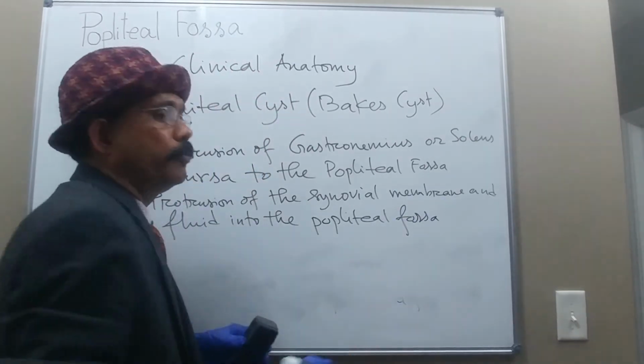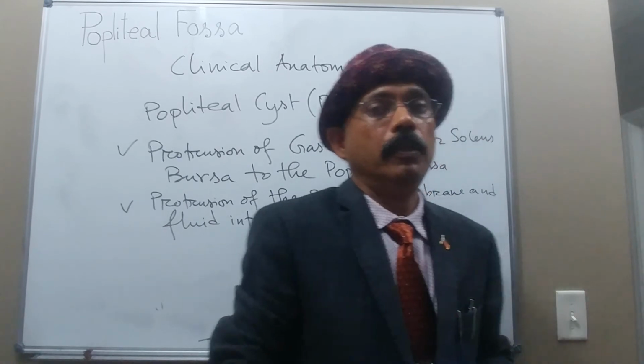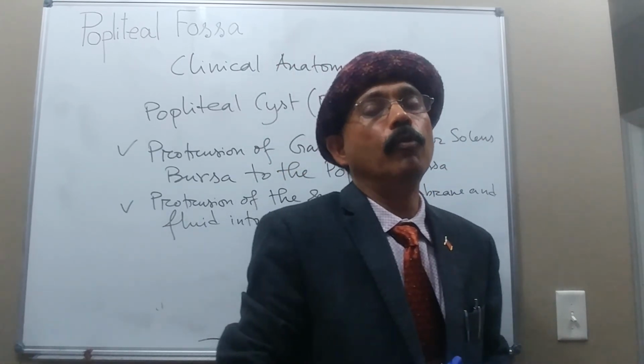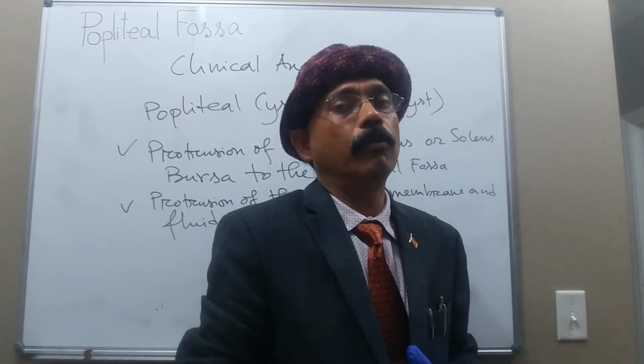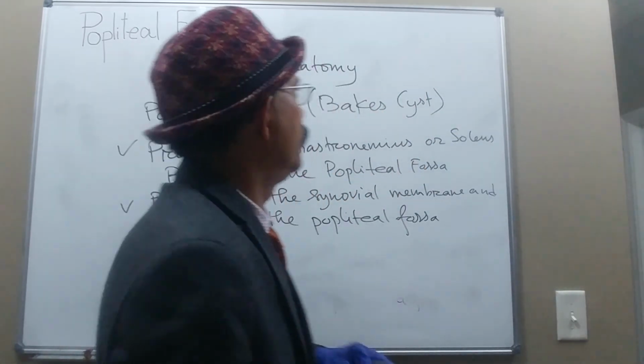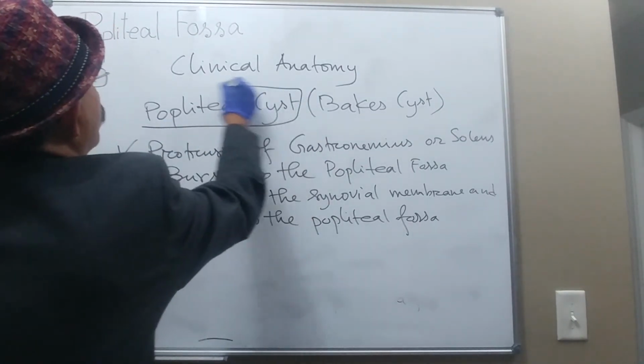Okay, this may extend down to the mid calf area. And it may restrict the movement of the leg, especially in the elderly. In children, it may not cause much problem. Okay, that is one, the popliteal cyst or Baker cyst.